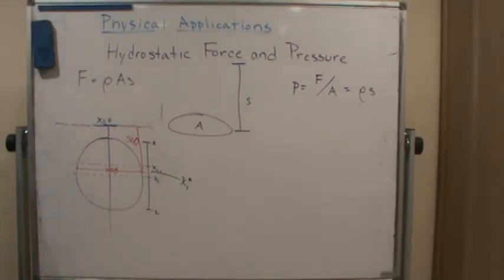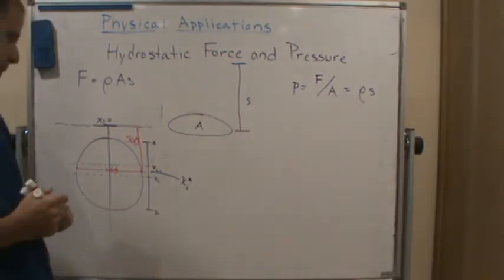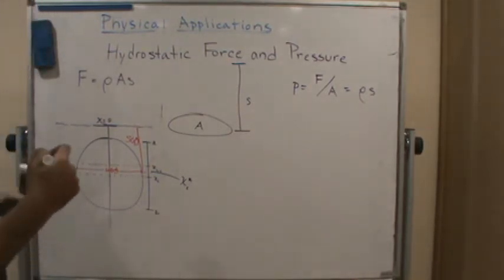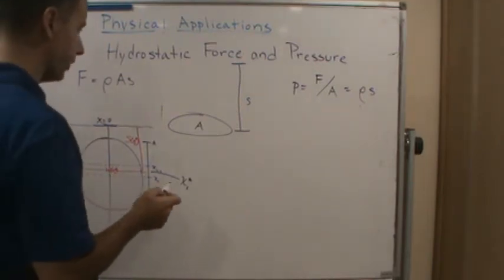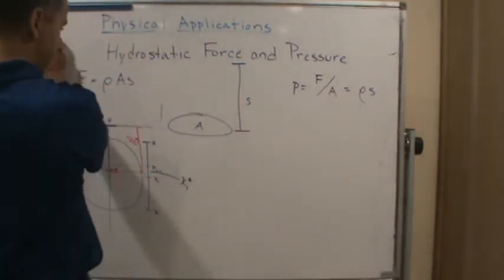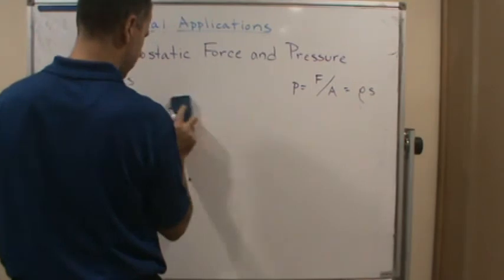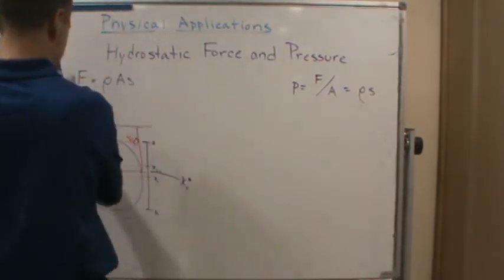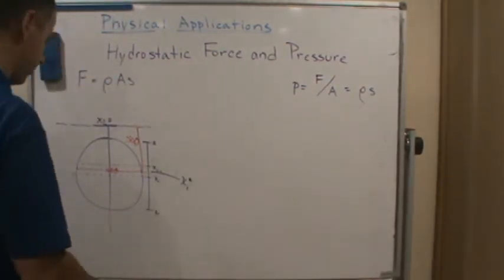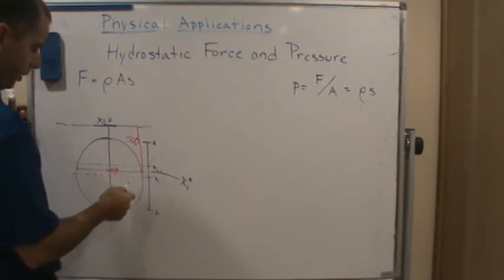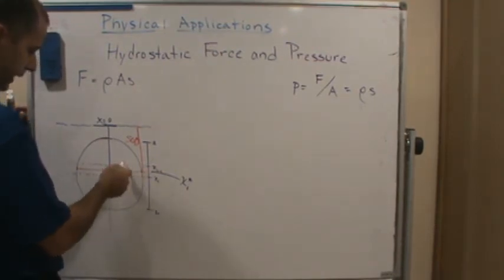And so how are we going to use this? Well, we're going to find the area of this strip. We're going to basically treat it like a rectangular strip, because if it's thin enough, it'll be close enough for approximation purposes. So we're going to write a formula for the area.